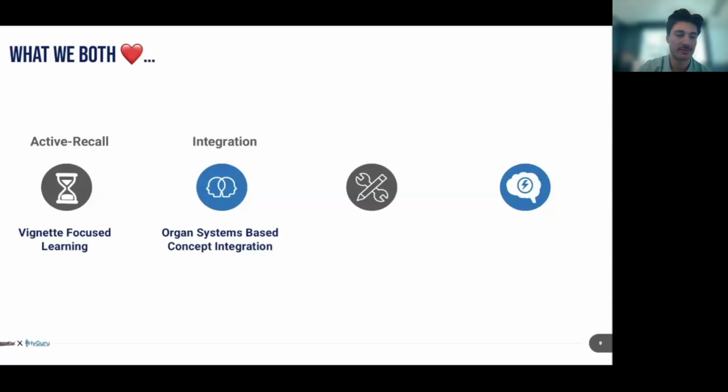Amazing. And similarly to what I just spoke about, integration is a foundation that both of us definitely hone in on with our courses and materials.